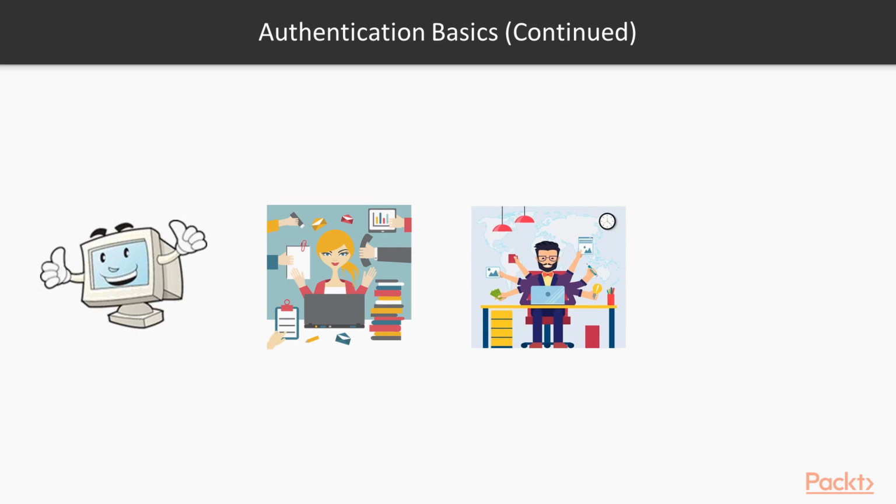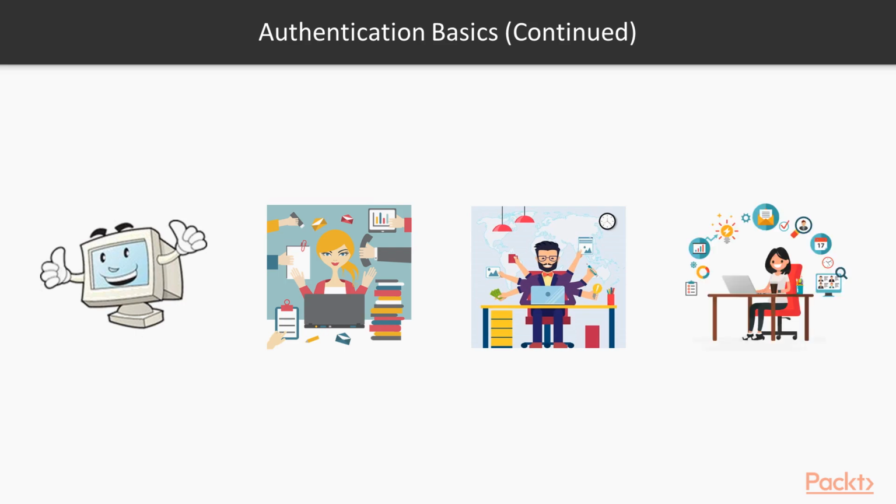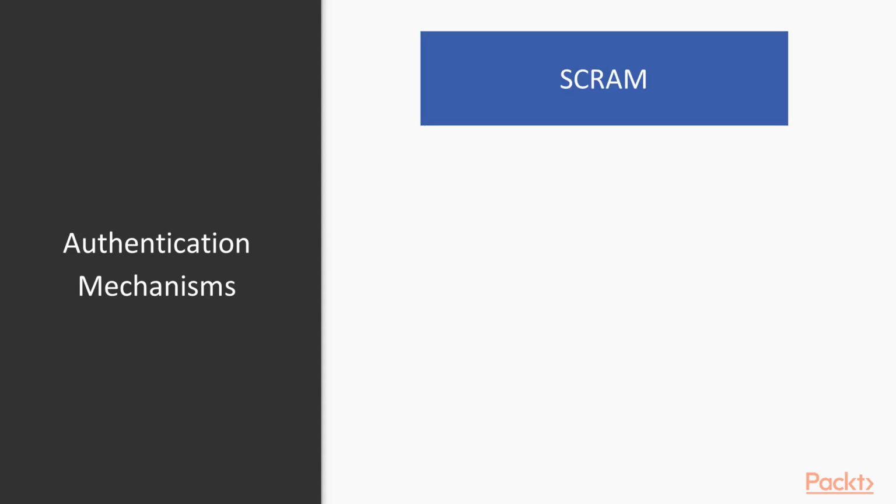There can be various scenarios of authentication. You may be a user who wants to run commands from the Mongo shell, or maybe there is an application that has to be authenticated to execute a series of database commands. Now, there are 4 authentication mechanisms that are supported by Mongo. The first is the SCRAM, which is available in Community Edition.